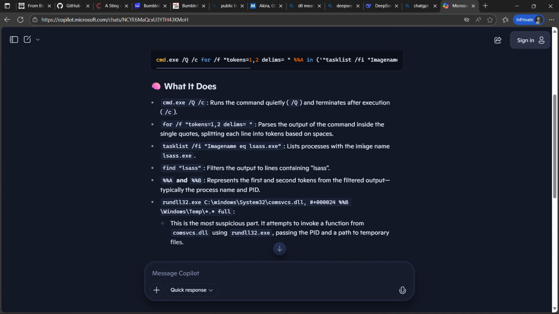Okay. find lsass filters the output to lines containing LSASS. Okay. It didn't use the pipe though.